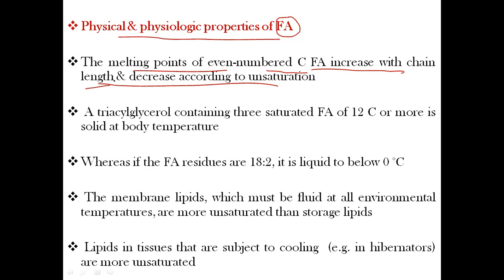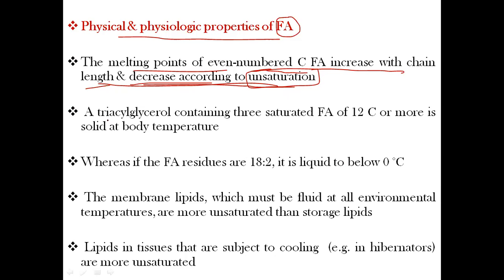As the chain length increases, the melting point increases, and it decreases according to the unsaturation. So if a double bond is formed, the melting point decreases. Unsaturation means adding a double bond into the chain of the fatty acid.